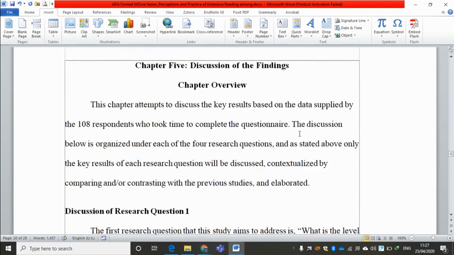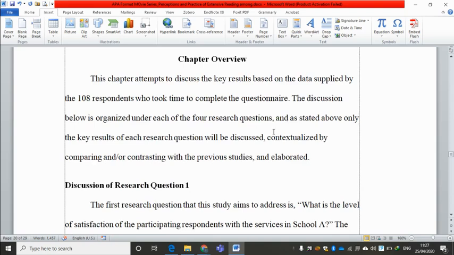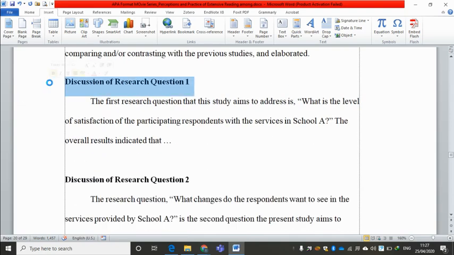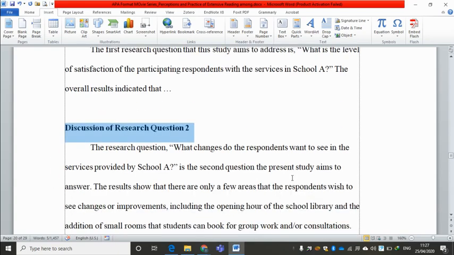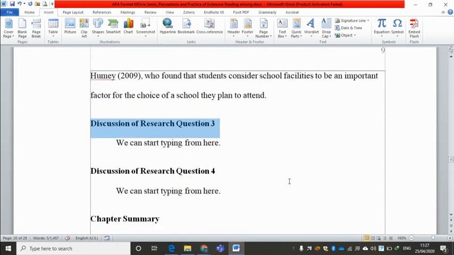So what you need is to have heading level 1, Chapter 5, discussion of the findings. And then heading level 2, discussion of research question 1. Heading level 2, discussion of research question 2. Heading level 2, discussion of research question 3.